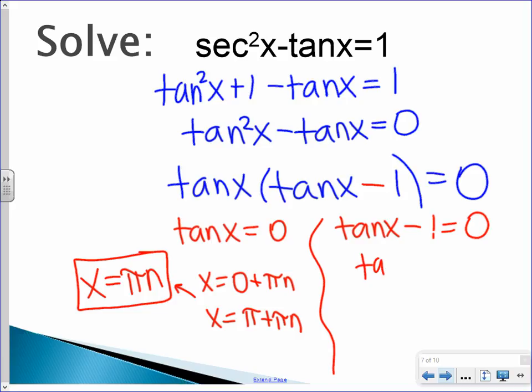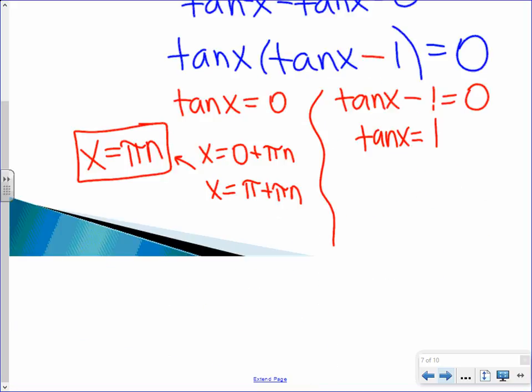How about over here? Tangent of x equals 1. Molly, where does the tangent equal 1? Pi over 4. Anywhere else? Okay, and then we add period times n.